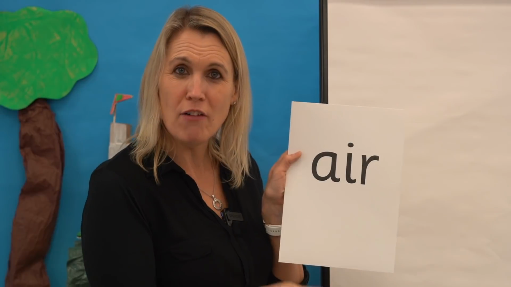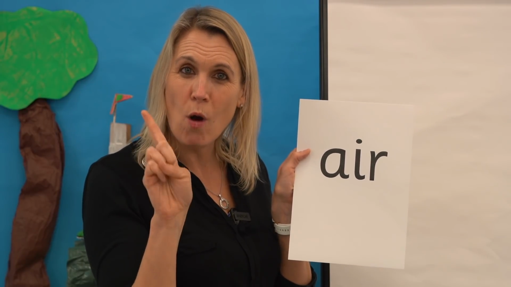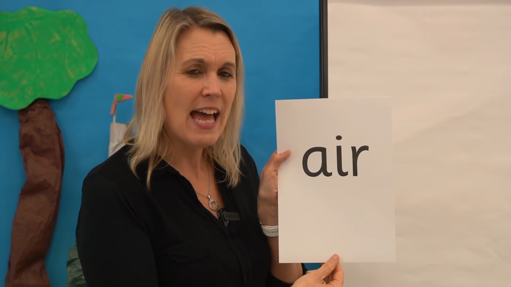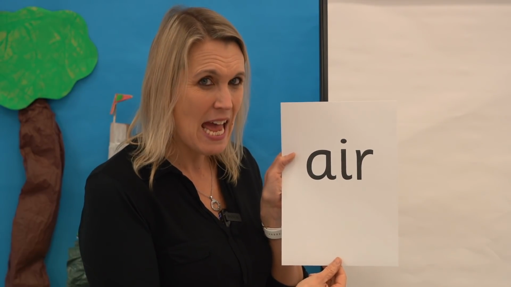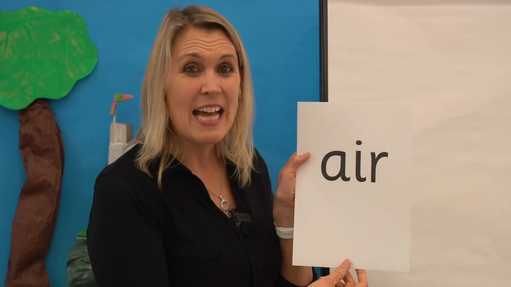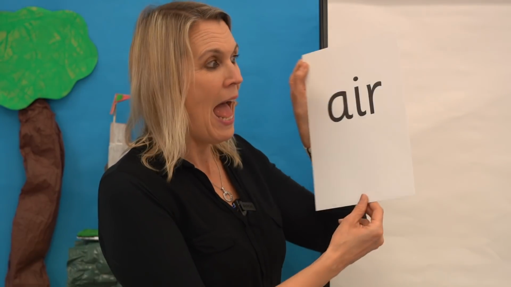Well, the sound air is written like this. It's a trigraph. 3 letters, 1 sound. Let's read the grapheme for air. Say the sound air each time I show you the trigraph air, and say chair in the air when I show you the picture. Remember, air, chair in the air. Are you ready?